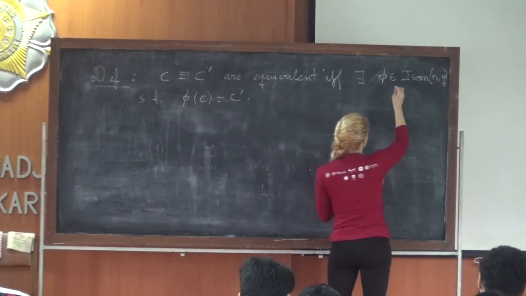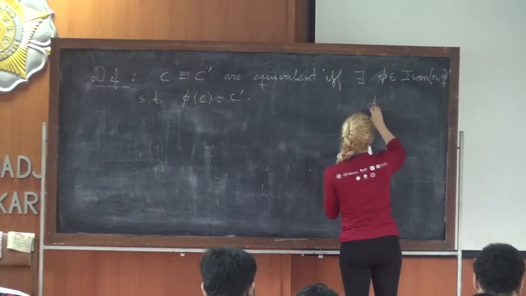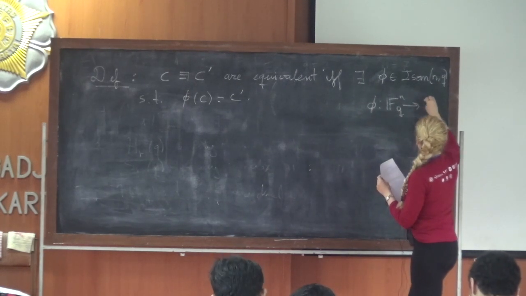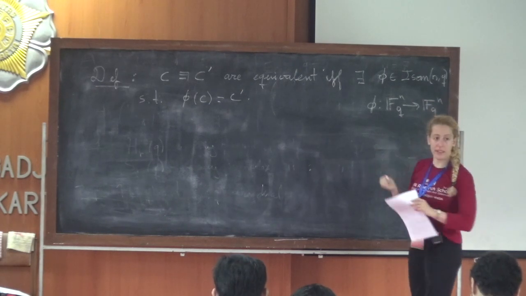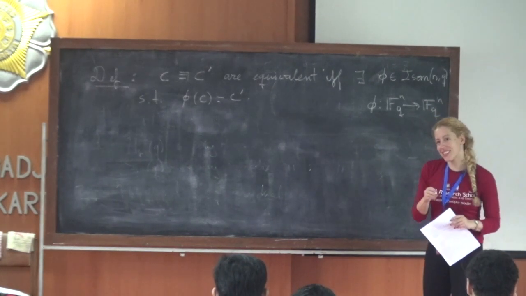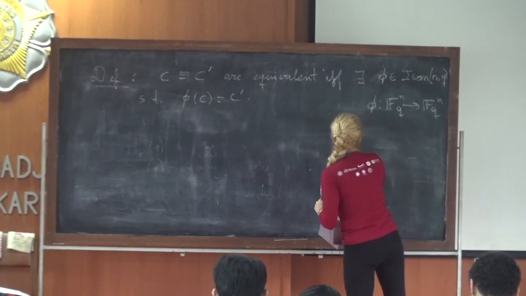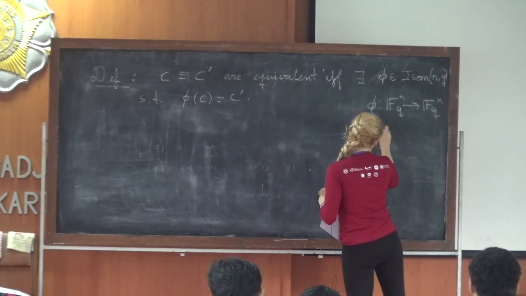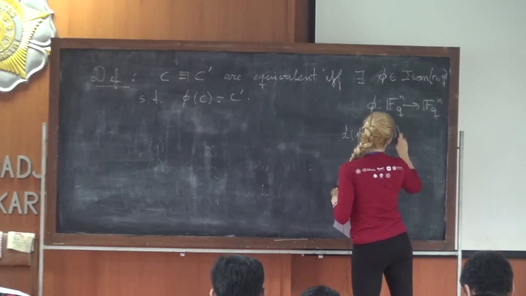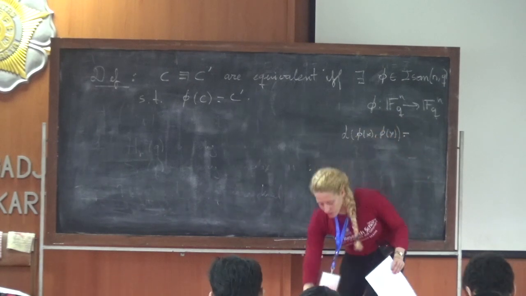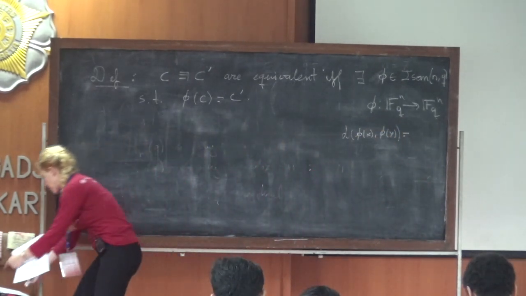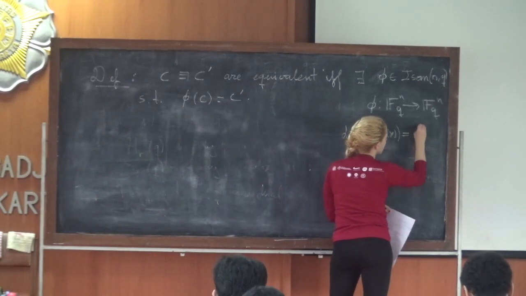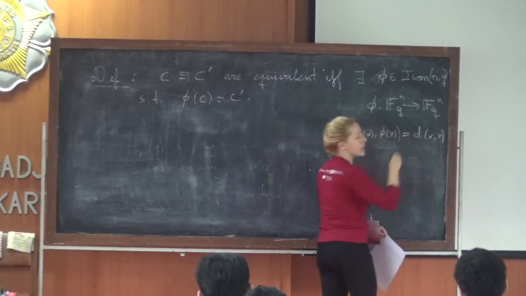So an isometry here is basically a map that goes from F_q to the n to F_q to the n, such that, this is the nice property, the distance between the images of two elements is equal to the distance between the original two elements.